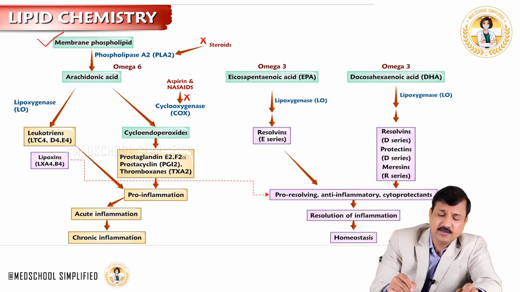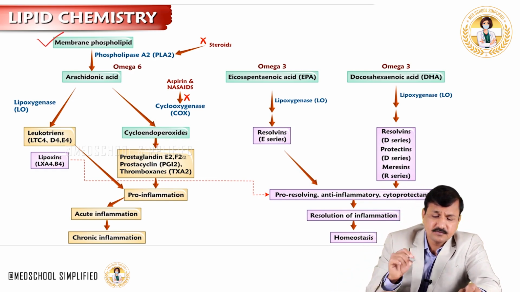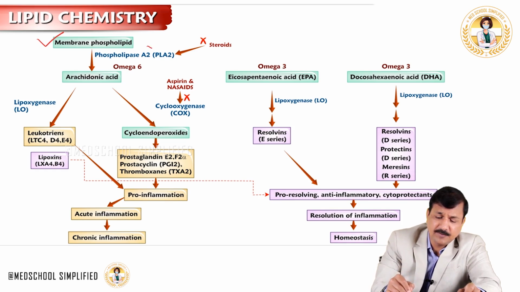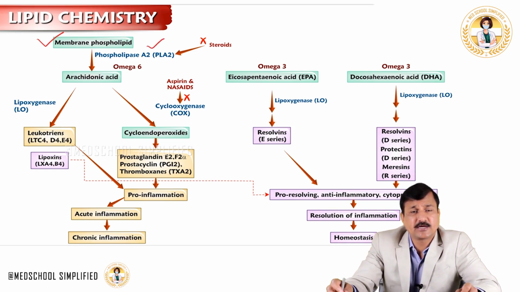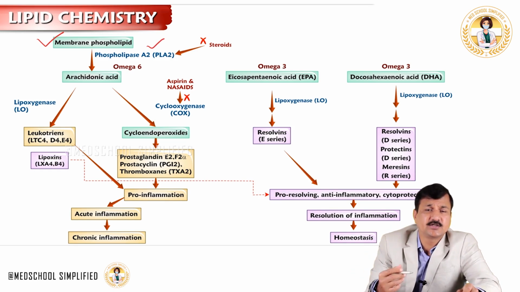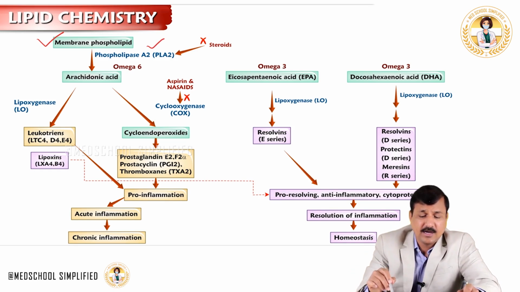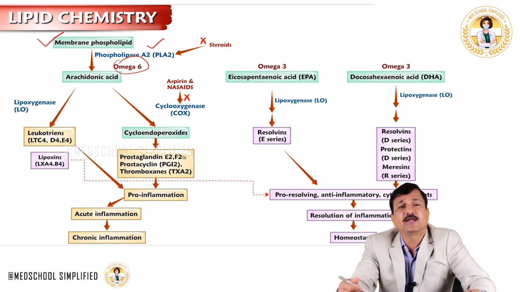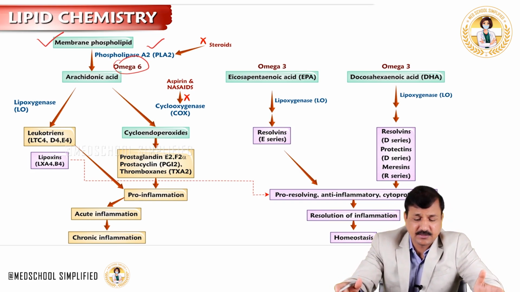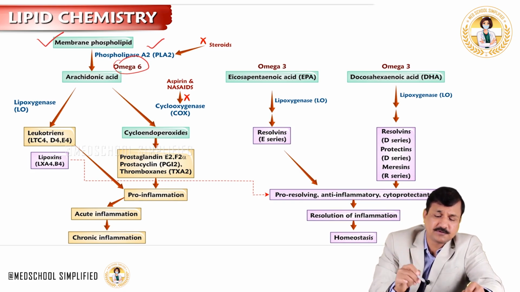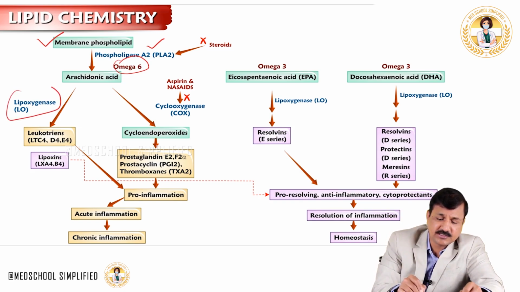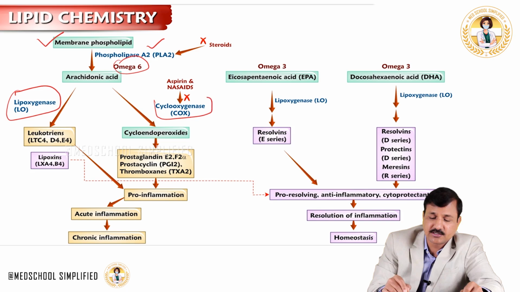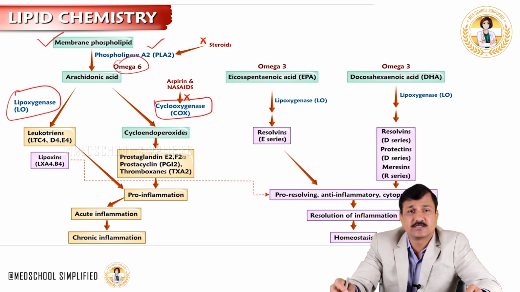Whenever there is an inflammation, at that time, the phospholipase A2 enzyme will be activated and it's going to release arachidonic acid into the cell. And arachidonic acid is an omega-6 family of fatty acid, and this will get into the inflammatory pathway. There can be two types of inflammatory pathway. One is the lipoxygenase pathway. The other is the cyclooxygenase pathway done by COX enzyme.